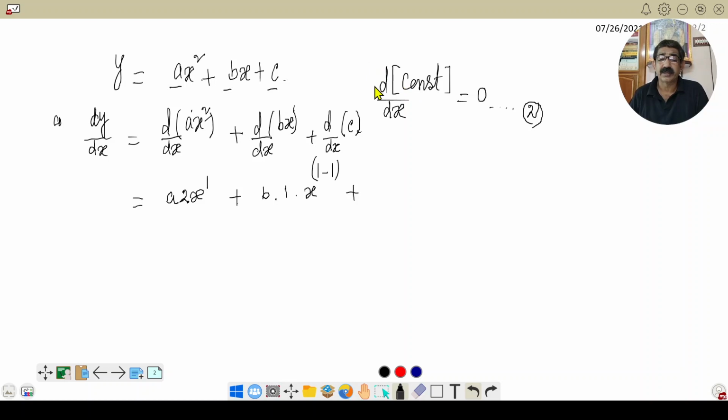D of constant by dx is equal to 0. This is a formula. Don't confuse it with the main problem. Plus this is equal to 0.